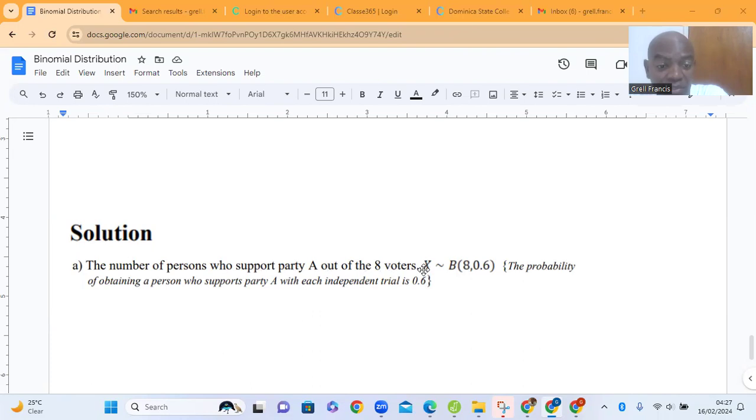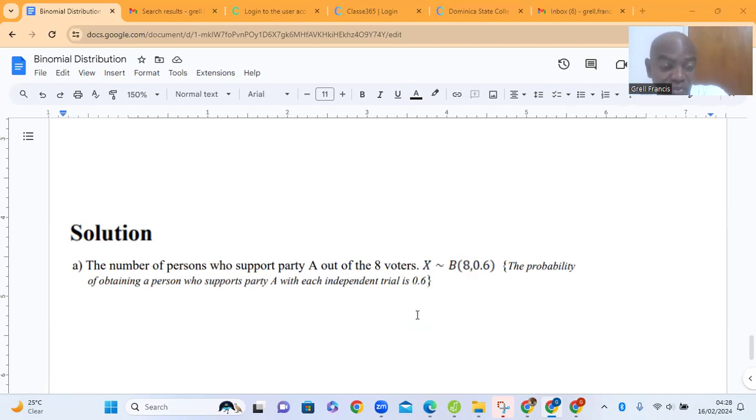So the number of persons who support party A approximates a binomial distribution with a sample size of 8 and a probability of success of 0.6. The probability of obtaining a person who supports party A with each independent trial is 0.6, and that is constant. So that meets the criteria for binomial distribution. Also, in a random selection, either you get a person who supports party A or a person who does not.